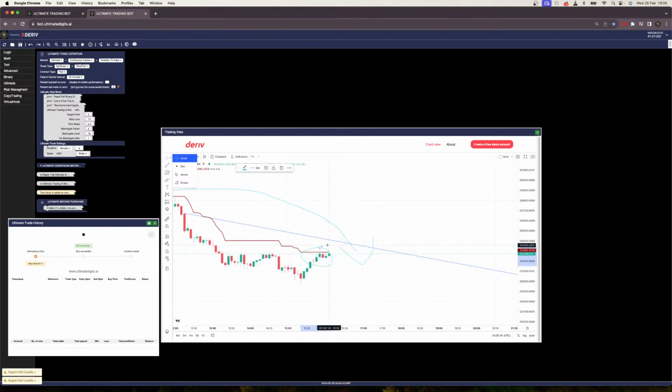If it doesn't, I will stop my bot, and most likely it will not have taken any trade because it's not the best time to take a trade right now. But if this candle closes above this area like it's doing right now, I will have to stop the bot run.